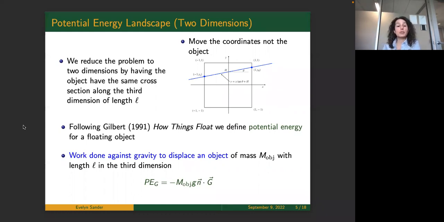And so in order to come up with a way of understanding the stability, we have to write down the potential energy. And that is due to Gilbert in '91, How Things Float. It's a very nice article. I recommend it. So this is the idea.